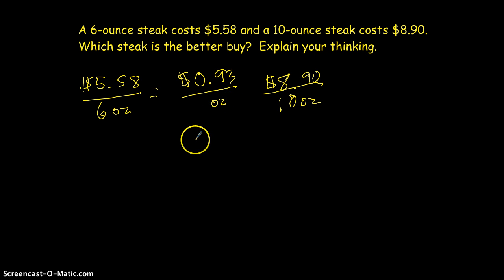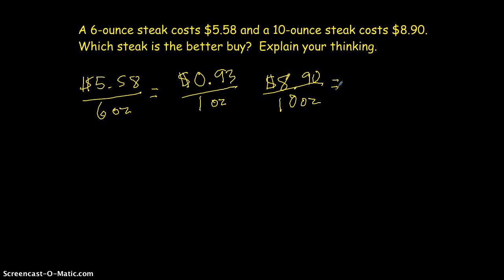Now, it's understood that this is per 1 ounce, but I see some people who like to put the 1 there. It kind of helps them visualize and know that that's 1, so I'll put it there, but that's not really necessary. Now let's see how much the 10-ounce steak is per ounce.